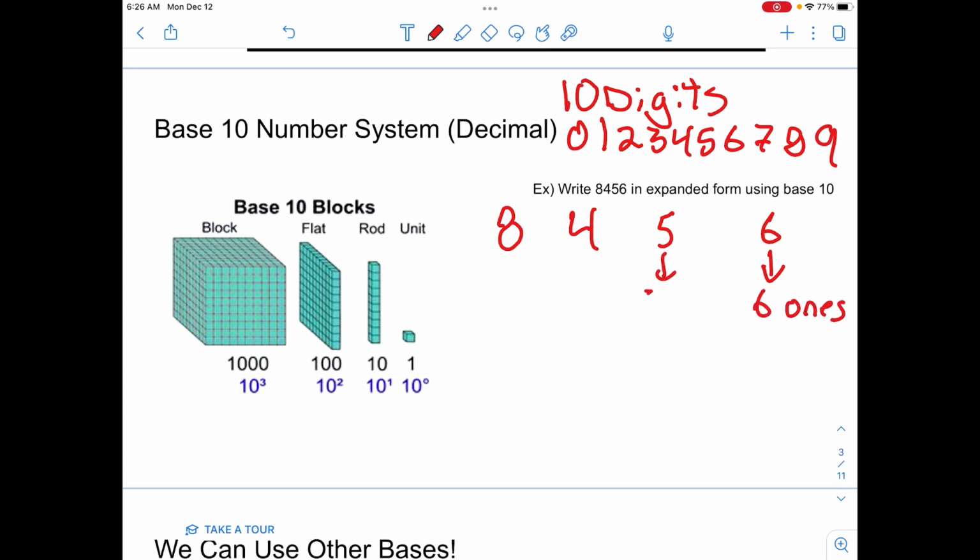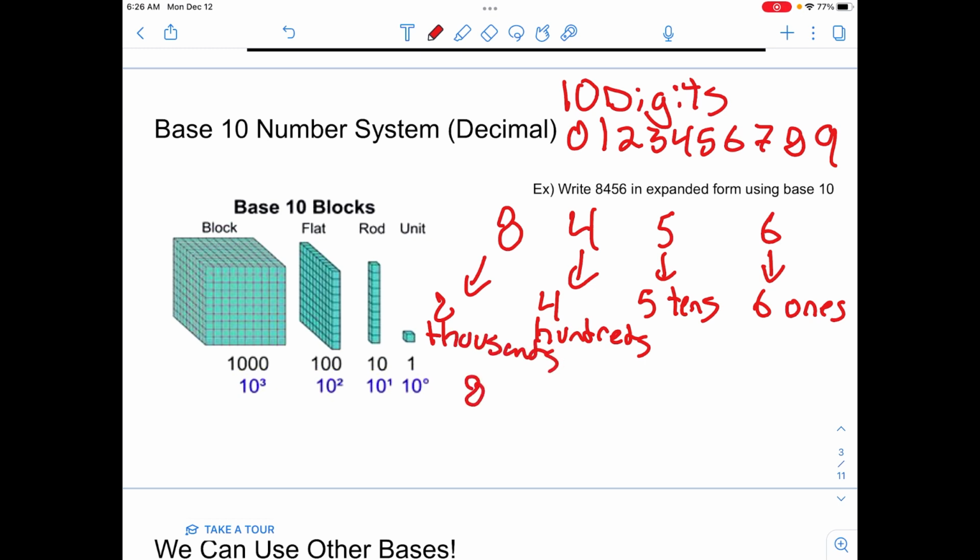This 5 is 5 tens. This is 4 hundreds, and this is 8 thousands. Right, so we have 8,000 plus 400 plus 50 plus 6.